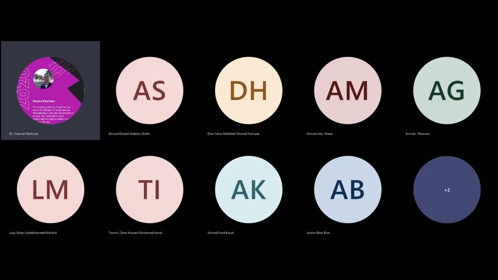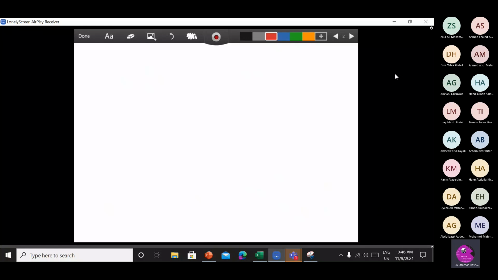And I'm writing on the board, very similar to the one before. So how to write a summary? What is the title? The title is confidence interval, for what?